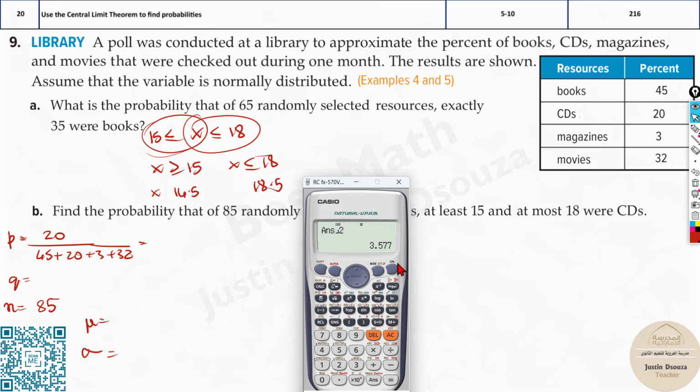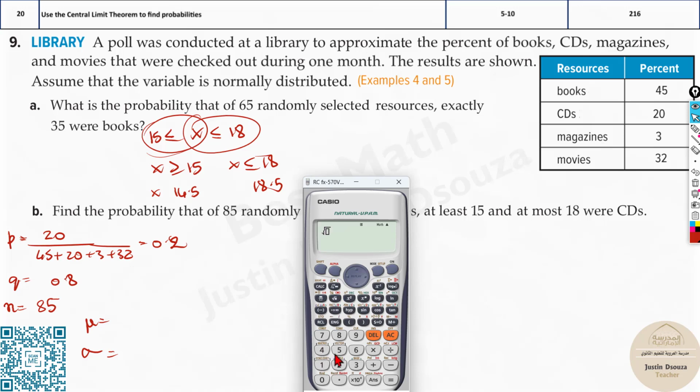So now let's go to computation mode and use the fraction. 20 divided by 45 plus 20 plus 3 plus 32, and the answer is 1/5, that is 0.2. If this is 0.2, the other one, q, will be 0.8. Now let's quickly find the mean, mu: 0.2 multiplied by 85 is 17.